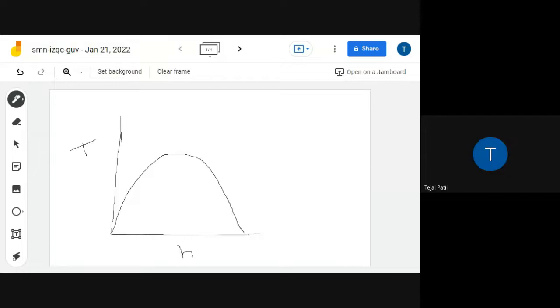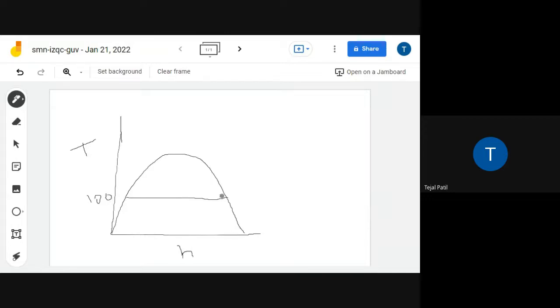No, it will take some time. It will need more heat to convert it into steam, and the temperature will also remain constant, right? So let's say this is the 100 degrees Celsius line.